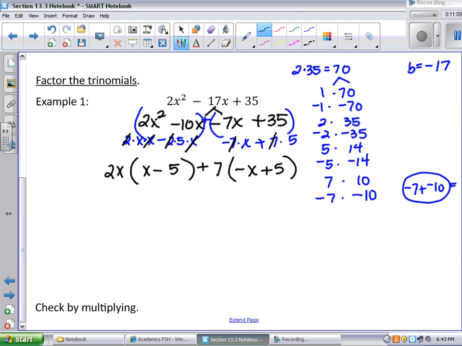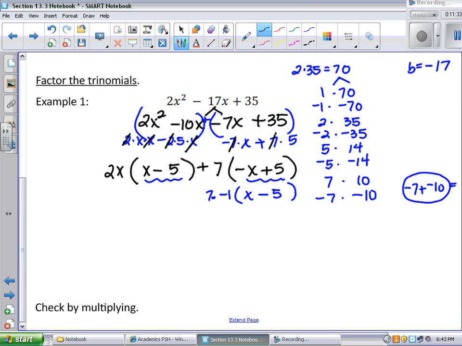If you look, these 2 factors are the same except for the signs are exactly the opposite. If I take out a negative 1 here, I'm going to have positive x and negative 5. Think about going back and multiplying that back out. So this is going to be 7 times negative 1.